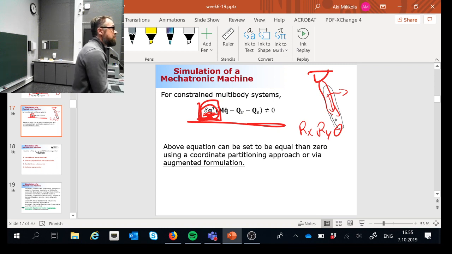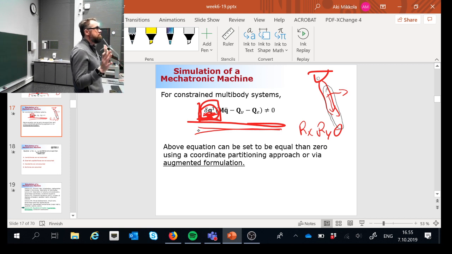So what is the consequence of that? My constraint is no longer fulfilled. That's why you cannot set this equation to be equal to 0, because the constraints are not accounted for. All the forces are there, but the constraints are not. Clear?